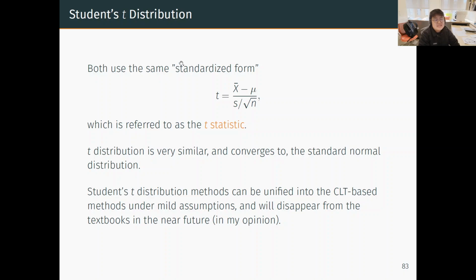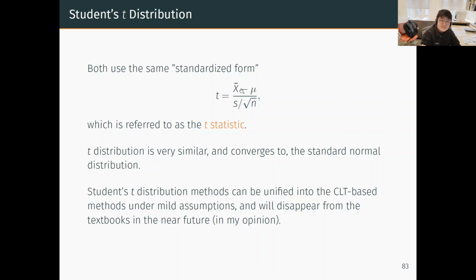Still, its name remains in our class. The standardization will be called the t statistic, based on the student t distribution. So it is denoted by t, and we are going to approximate.